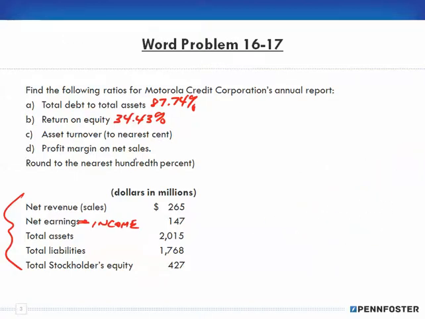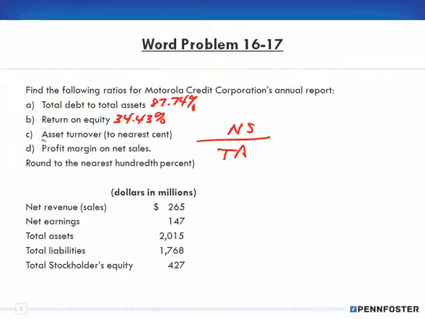Asset turnover to the nearest cent. So my asset turnover, when you think about it, what are you turning over? Sales, right? So I have my net sales, and since I'm turning those sales over against the assets, it's total assets.